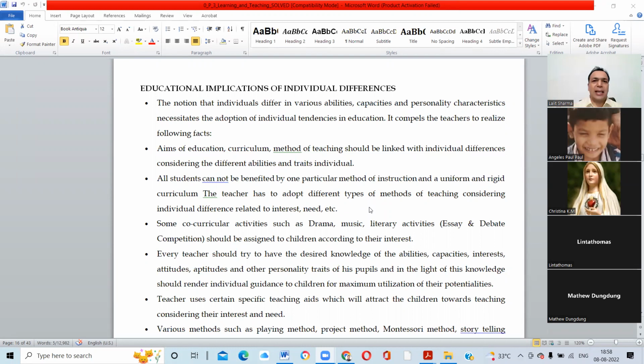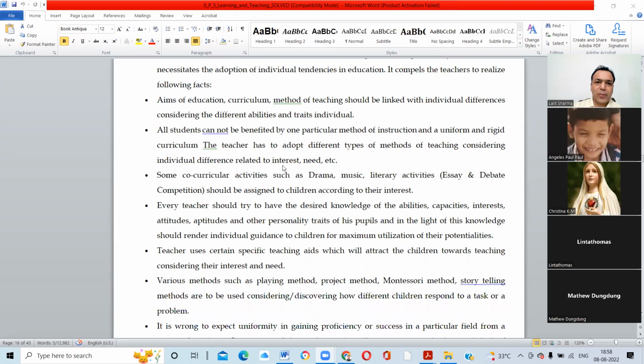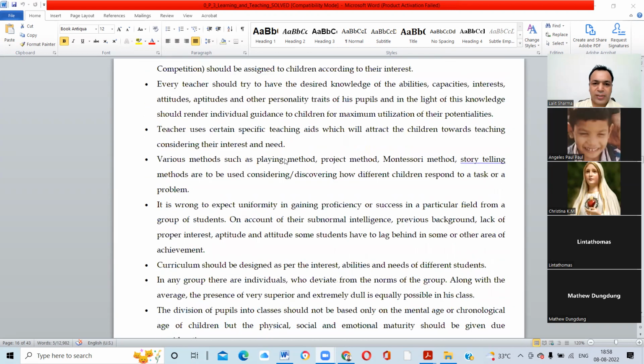The teacher should prepare the lecture in a particular way so that it is easily understood by average level students, below average level students, and intelligent students. So keeping in view the curriculum and method of teaching, he should change them according to individual differences, right? So these all are the educational implications of individual differences, right, guys?